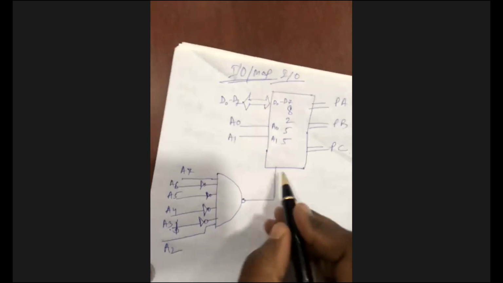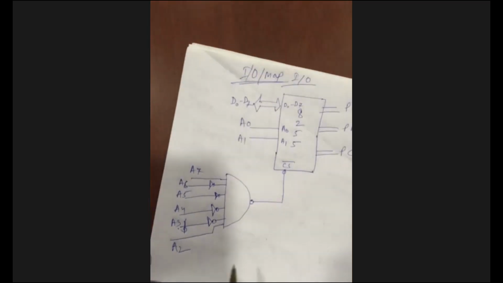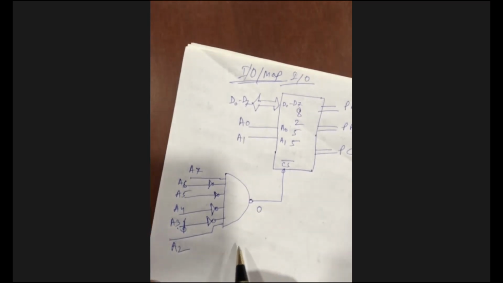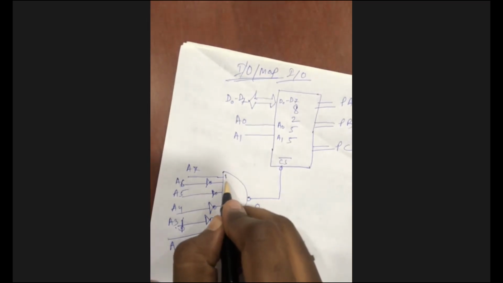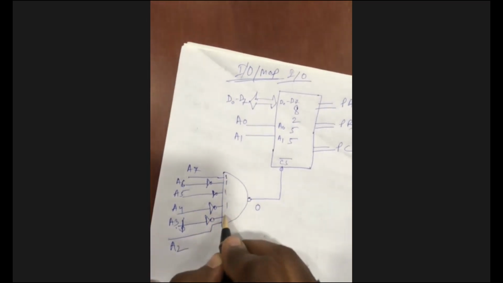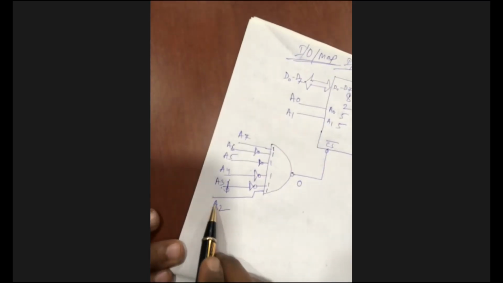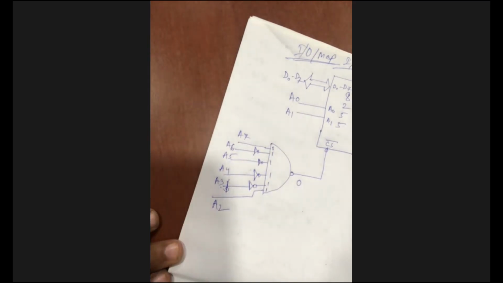To select this chip, it is connected with CS bar, so it should be 0 to select it. And the rest should be 1. So A2 and A7 are connected directly, so A2 and A7 should be 1.